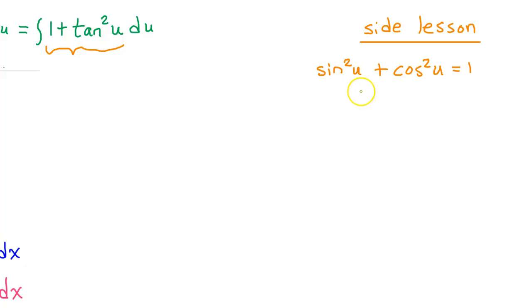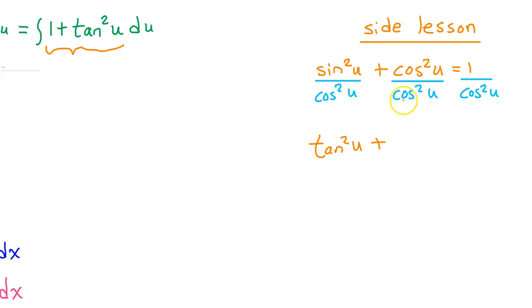Back in AP Pre-Calculus, we learned about Pythagorean identities, the most important of which was sine squared u plus cosine squared u is equal to 1. Dividing each term by cosine squared u gives us a second Pythagorean identity. Sine squared u over cosine squared u is tangent squared u.